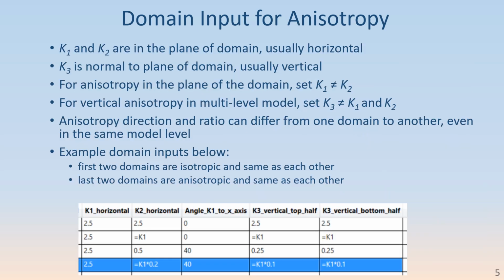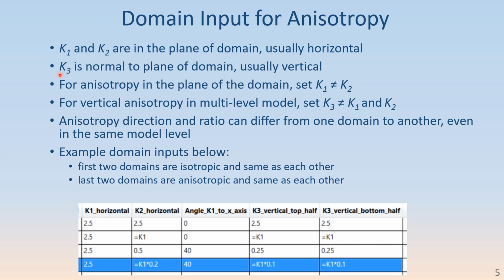Here's a quick discussion of the input that you need to put in for conductivities when you want anisotropy. So in the plane of the domain, there are two conductivities defined, K1 and K2, and these are the principal directions. One of these two is the largest and the other is the smallest, and it can be either way.